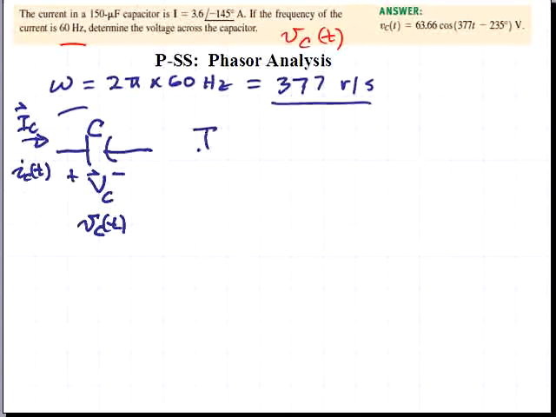The relationship in the phasor frequency domain is that I sub c is equal to j omega c times the phasor V sub c.